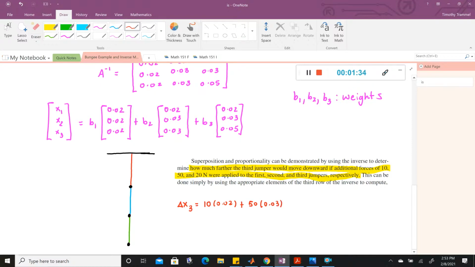And lastly, the change in force for the third bungee jumper is supposed to be 20. And the number associated with that is the 0.05.